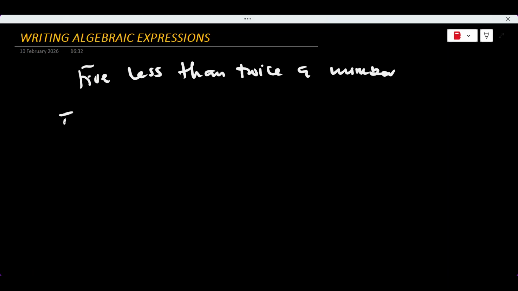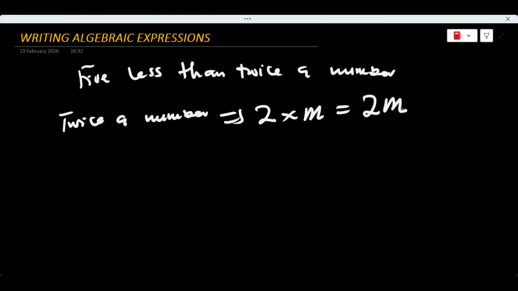The unknown. So twice a number. In this case, we are going to represent it with the variable m. So twice a number means 2 times that unknown number, in this case m. So 2 times m, which gives us 2m.